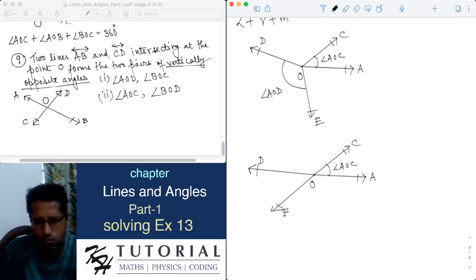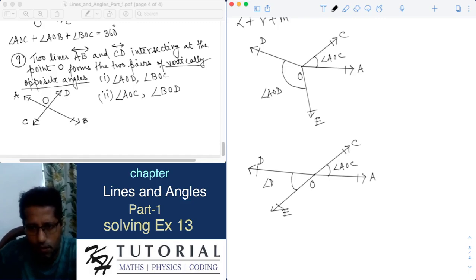So now the arms OD and OA are opposite rays, and the arms OE and OC are opposite rays. So now the angle AOC and angle DOE are vertically opposite angles.